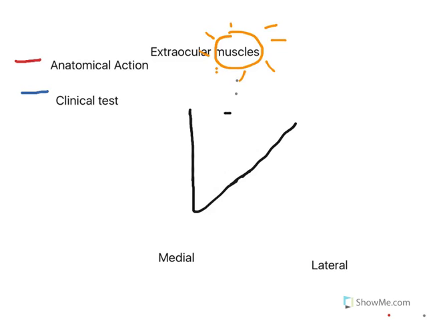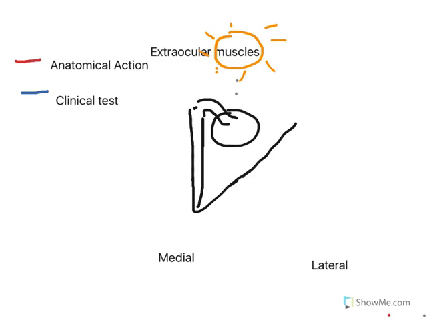Now, with a little bit of redrawing, we can look at our superior oblique muscle. So our superior oblique muscle is still coming from this common tendinous origin here, but is running forward, and it then attaches to its trochlear just about here, and then inserts onto the eye, so it turns a corner this way.